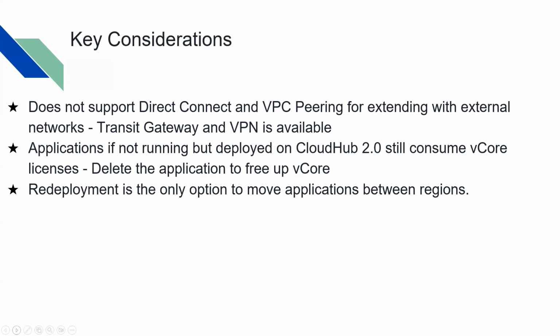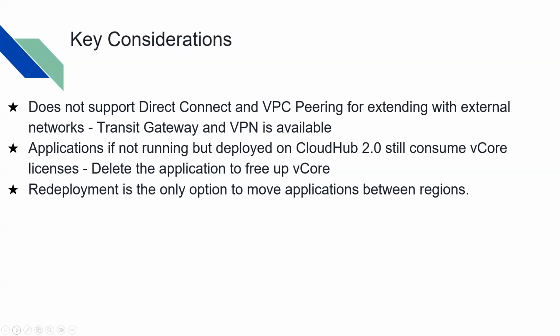Redeployment is the only option if you want to move an application between regions. So suppose you have already deployed an API on US East 1, which is North Virginia, and now you need to move it to the US East 2 region, which is Ohio. In that case, you need to redeploy from your code version repository, or from your local repository.